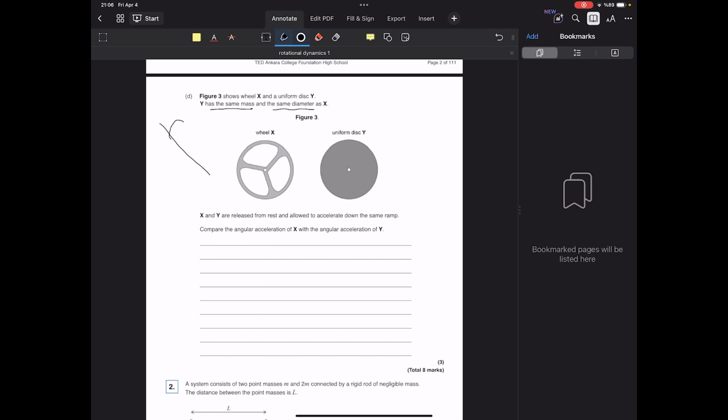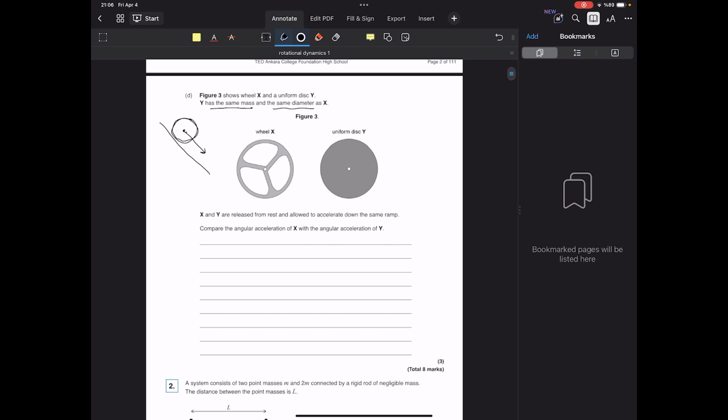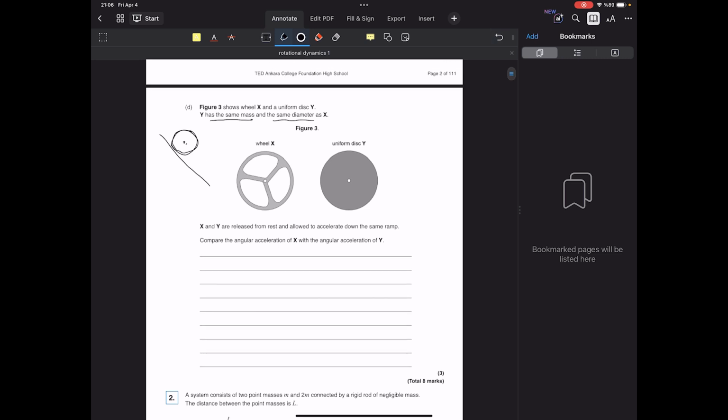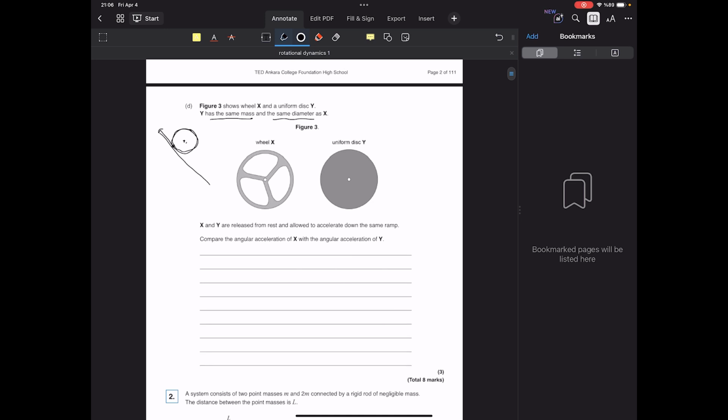There's going to be a gravitational force at their center of mass, which has a translational effect in the direction of the ramp. And this translational effect is going to cause a friction force on the wheel that will cause a torque about the center and will cause it to rotate. So that is what causes the wheel to rotate.